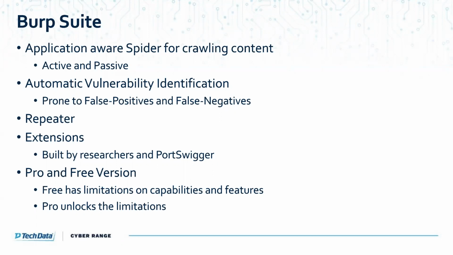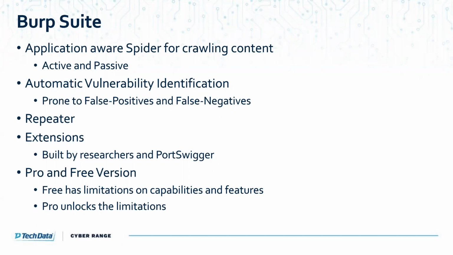One side note, Burp Suite's vulnerability scanner is good, but a lot of vulnerability scanners, and this is just known in the industry, are prone to false positives and false negatives. So don't just hang your hat on the results of a vulnerability scan. Actually manually verify whether those vulnerabilities exist.